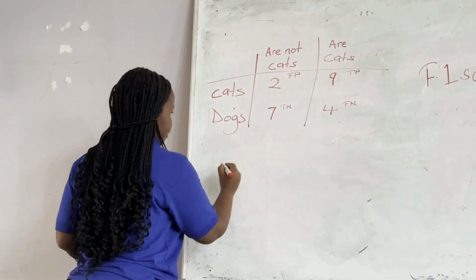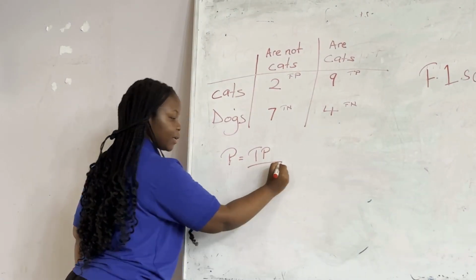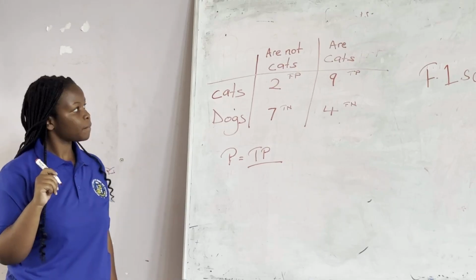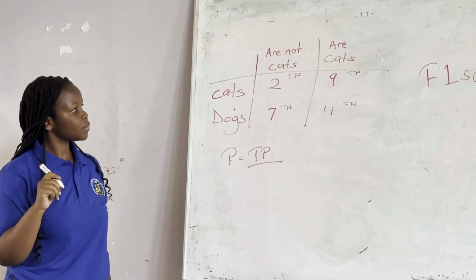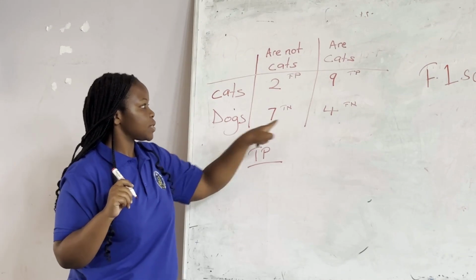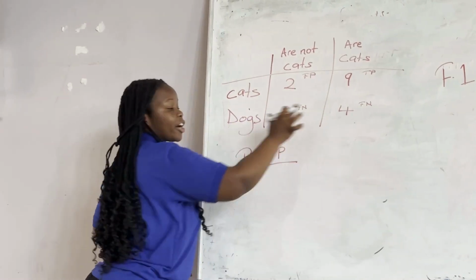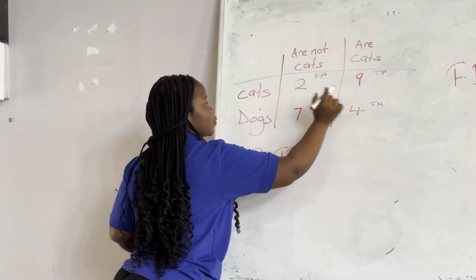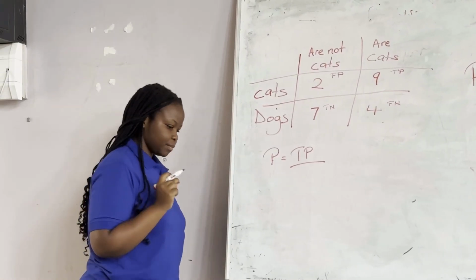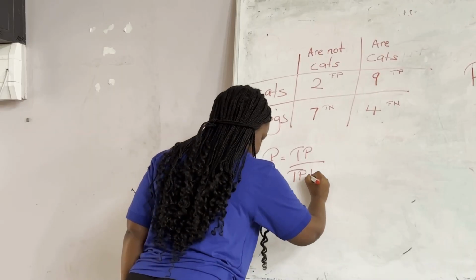So we say precision is equal to true positive out of those. The 4 are cats. They were classified as dogs, but they're actually cats. So the ones here are cats. This shows what they were classified as.